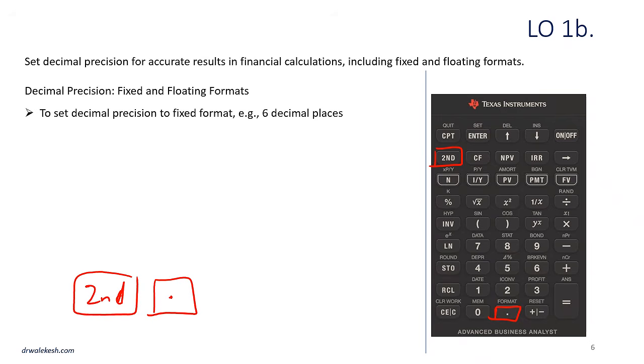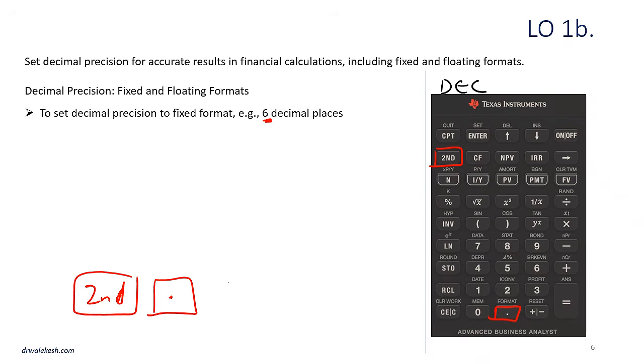Upon pressing these two keys, you would see on the face of your calculator DEC. How many decimal places are we interested in? We're interested in 6 decimal places. We want to set our financial calculator to 6 decimal places.